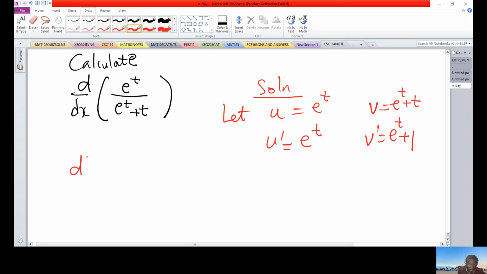So remember this is d/dt, not d/dx. The variable here is t.